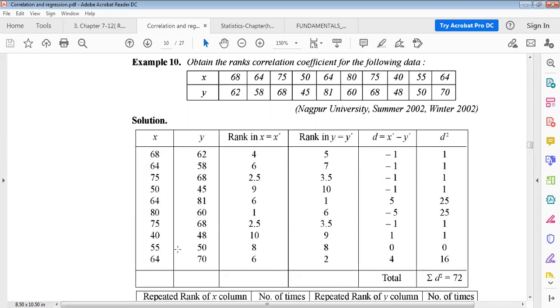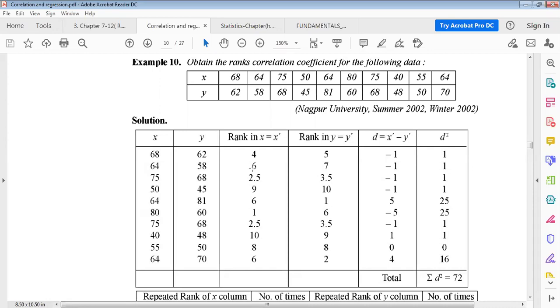The sum of 5, 6, 7 is 18. Dividing by 3, 18 by 3 is 6. So each 64 gets rank 6, and ranks 5, 6, 7 are used.